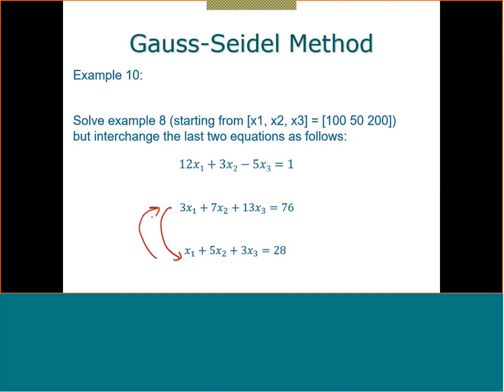So if we interchange the equations, what will happen? I did not do anything, I just moved equation 3 to 2 and 2 to 3. That's all. And I will use the same initial guess I used in the previous example, where it is proven that it will converge.